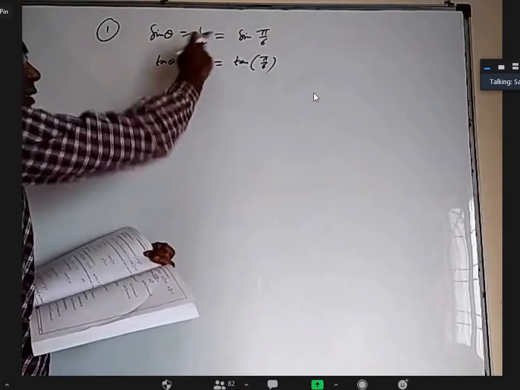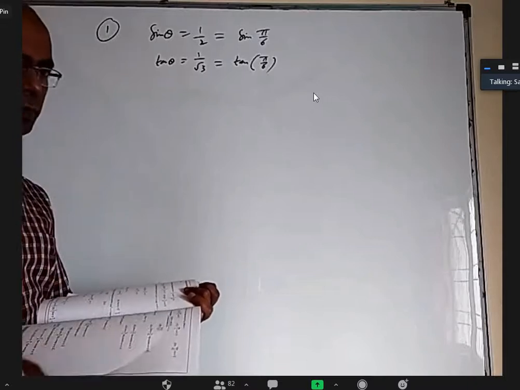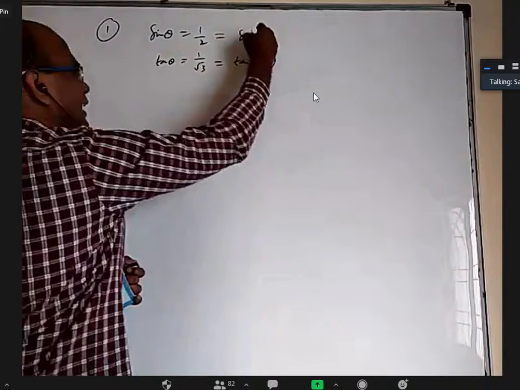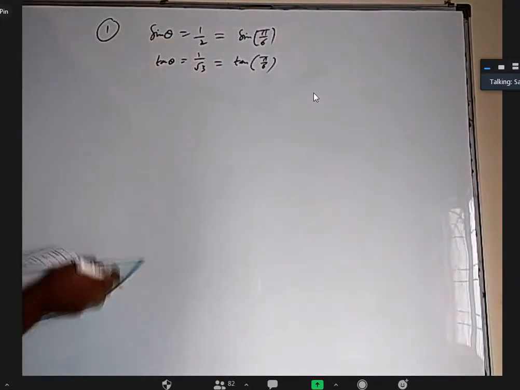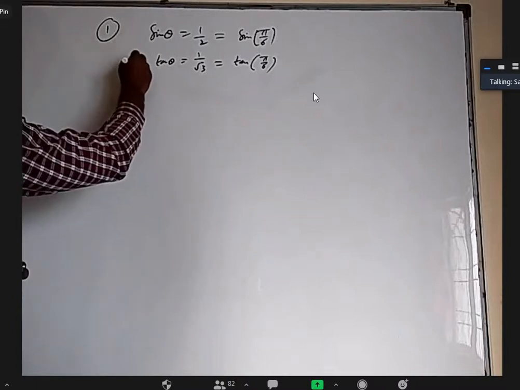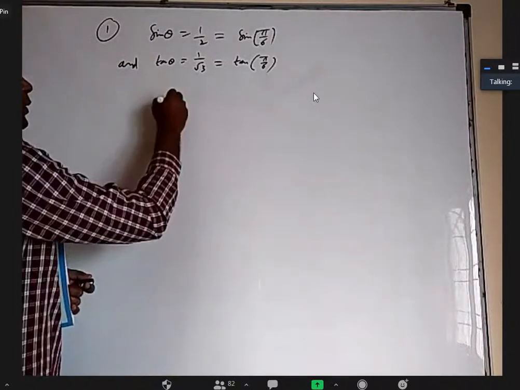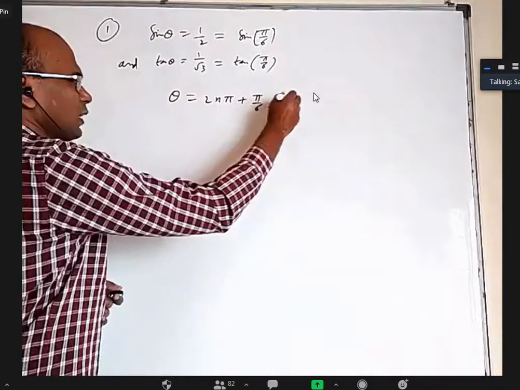This one has another angle 5 pi by 6. This one has another solution 7 pi by 6, but common to both is only pi by 6 because sine positive, tan positive only in first quadrant, and that angle we could identify. Whenever you have two things, it is only 2n pi plus alpha we have. So that's it directly. Theta equal to 2n pi plus pi by 6 where n belongs to Z.